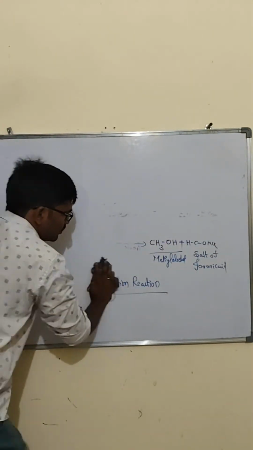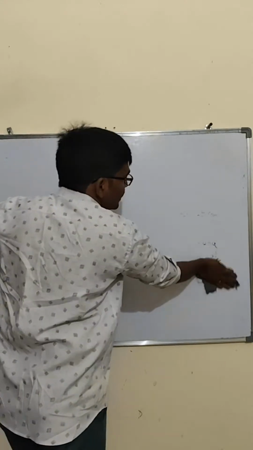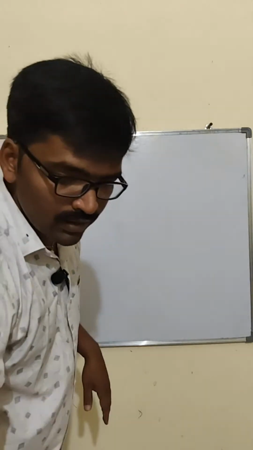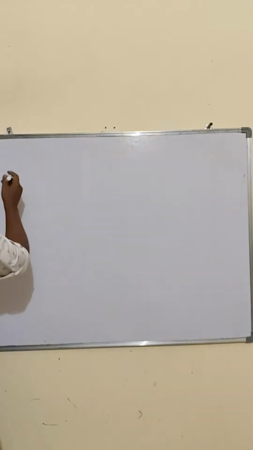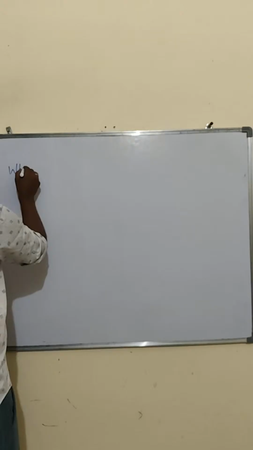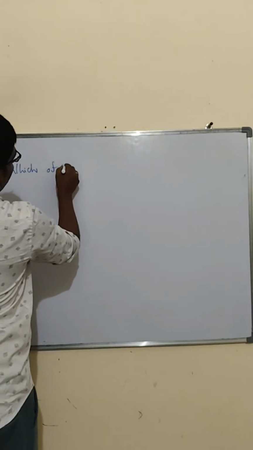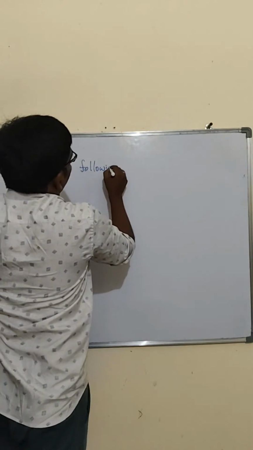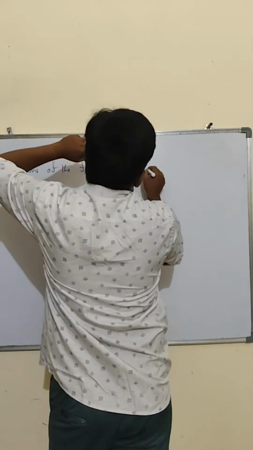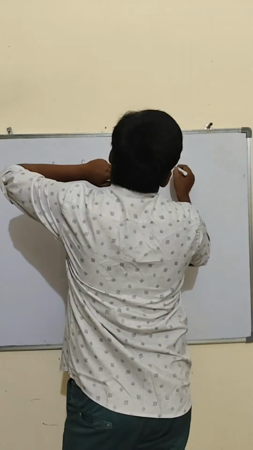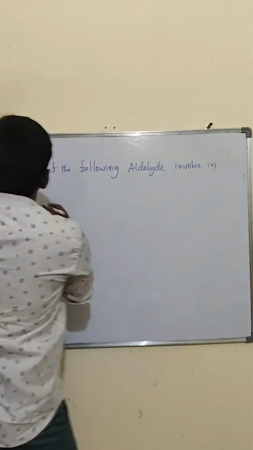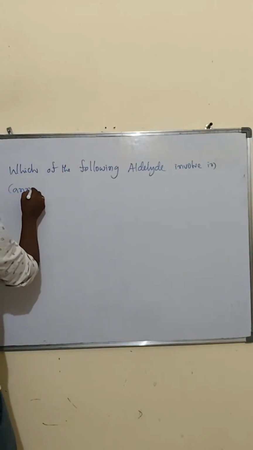Now look at the questions. One previous year question is from the NEET examination as well as the EAPCET examination. Which of the following aldehydes is involved in the Cannizzaro reaction?